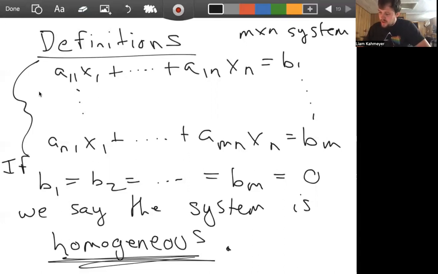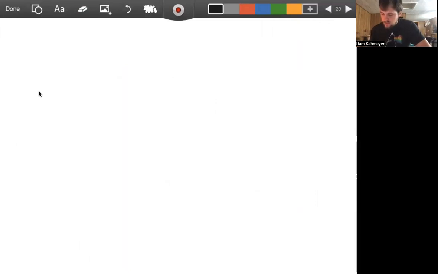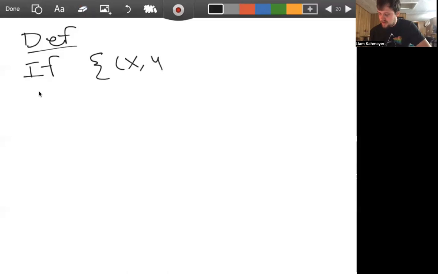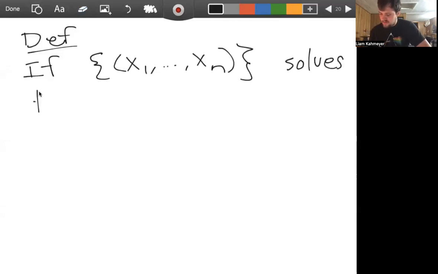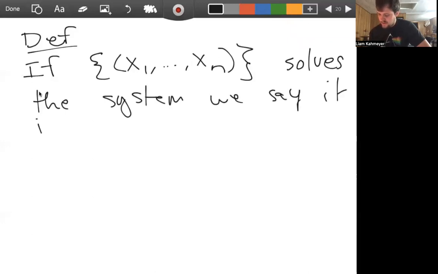So here's another definition. If the set of points, we'll use these brackets to represent set notation here, if the set of points x, y, z, or however many variables, let's say we're still looking at an m by n, and then x1 up through xn, if this set of points is a collection of solutions to the system, then we simply say, if this set of points solves the system, it is the solution set.